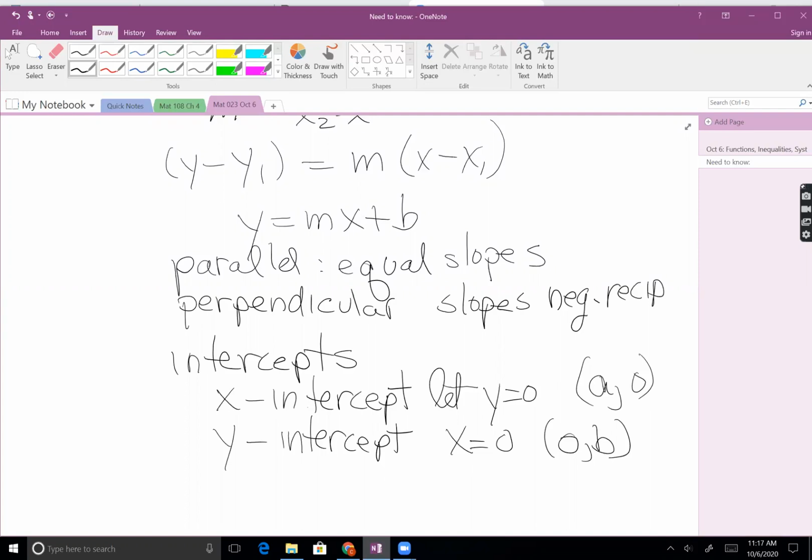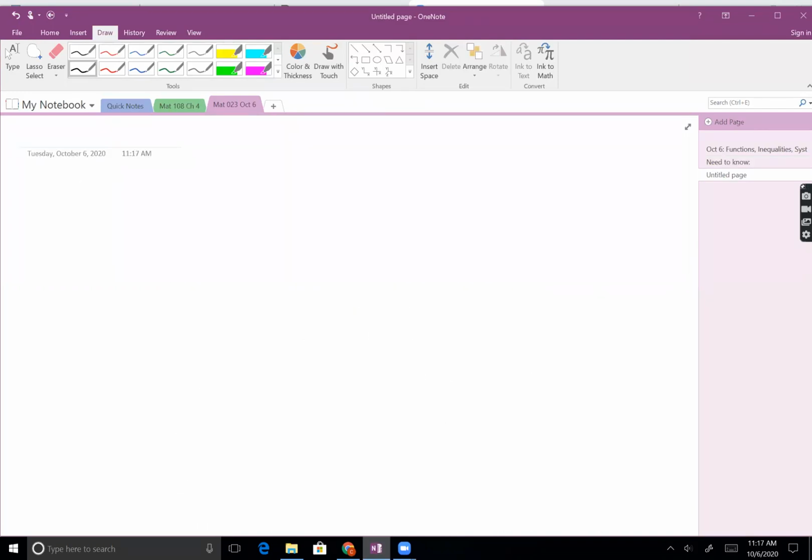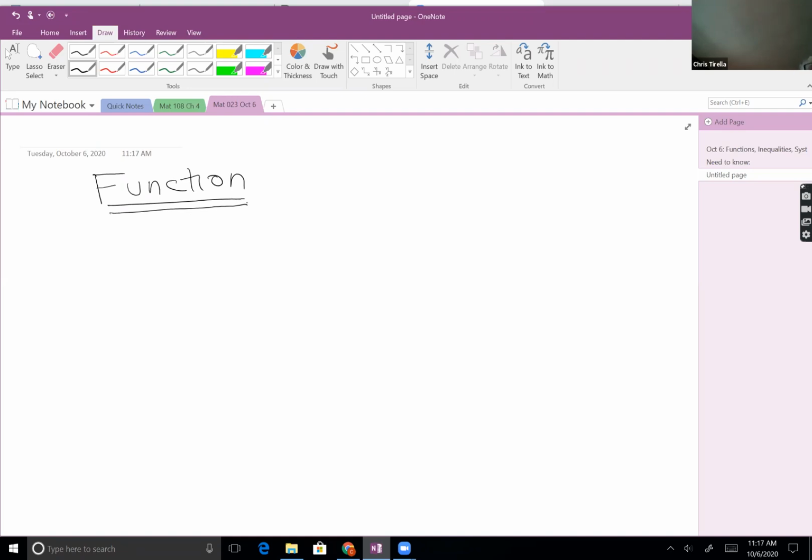Yep. Okay. So today we're going to start by looking at something that's called a function. If you're in this class, you're going to need a lot more algebra past this class. If anybody is on the path to take pre-calculus, calculus, and beyond, you'll spend a heck of a lot of time looking at functions.